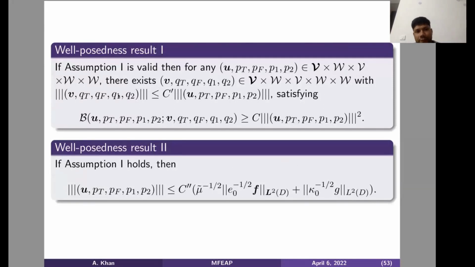And we first prove the well-posedness result, where we assume that if assumption 1 is valid, then we can prove this in some condition or lower bound of this beta stability result. And if we have this beta stability result, we can just use the definition of bilinear form and we can get our well-posedness result.